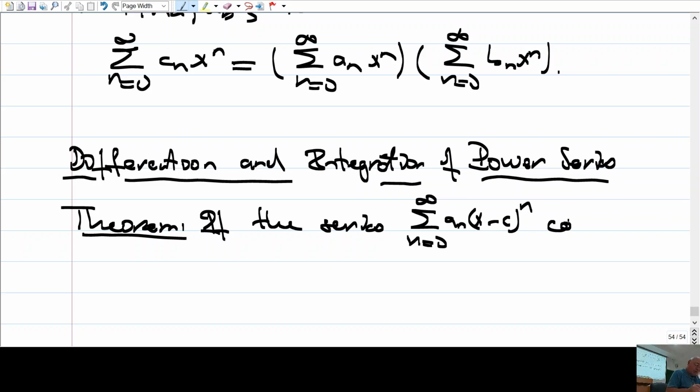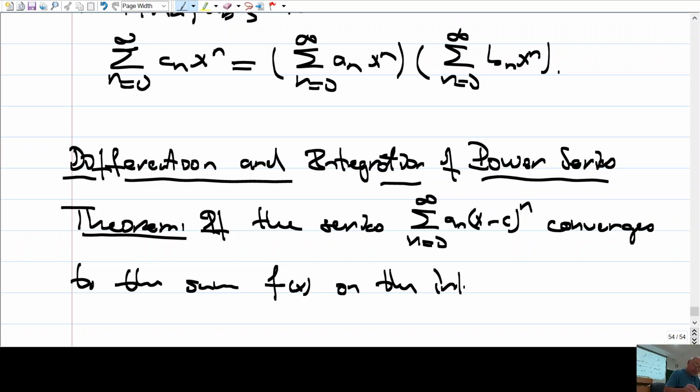If the series converges to the sum f(x) on the interval (c minus r, c plus r), so the radius of convergence is r, and this is convergent for all x between these two numbers.